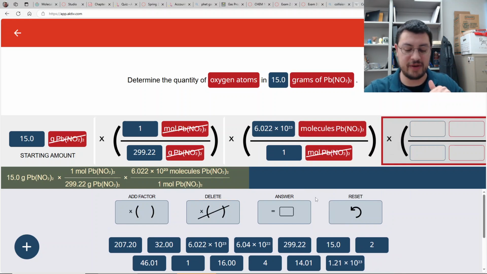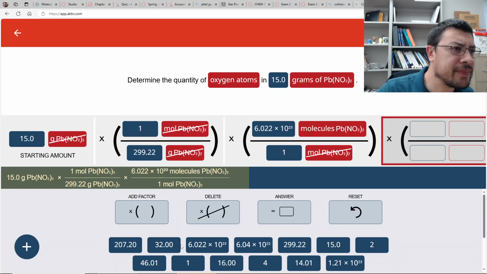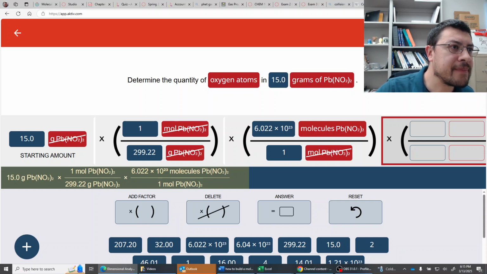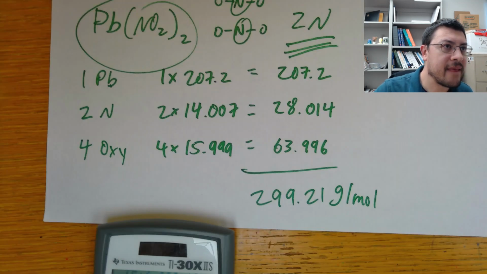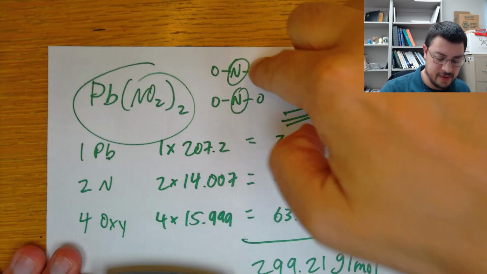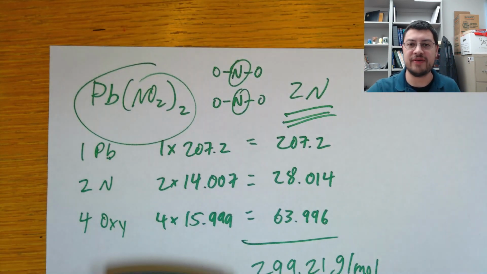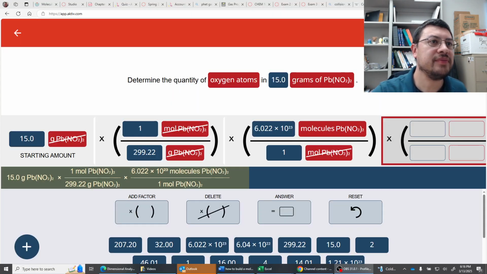So we have 4 oxygen atoms in a formula unit of the lead nitrite. So we'll have a ratio.